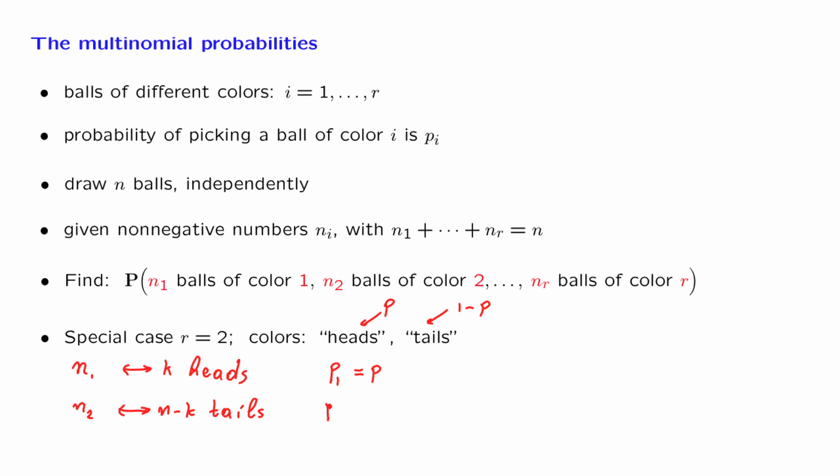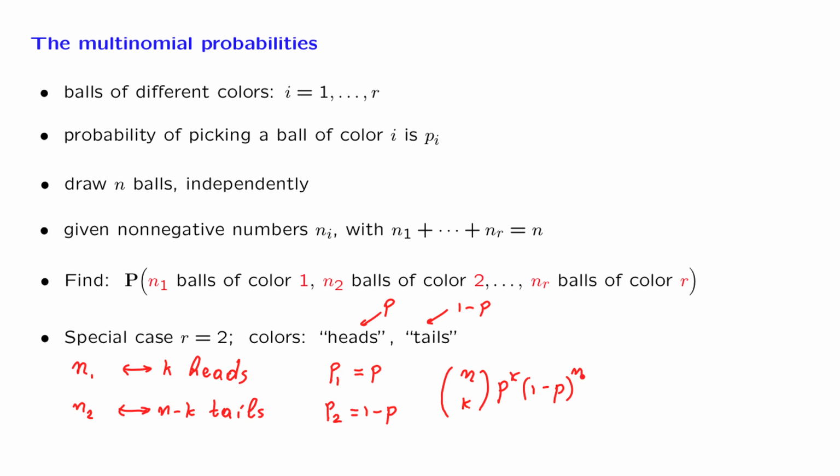The probability of obtaining the second color, which corresponds to tails, is 1 minus p. Now, the probability of obtaining k heads in those n independent trials, we know what it is. By the binomial probabilities, it is n choose k times p to the k times 1 minus p to the power n minus k.